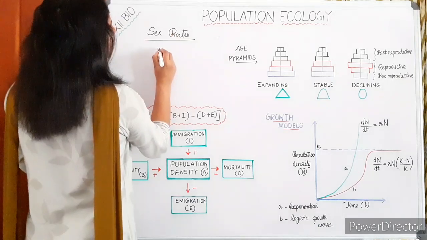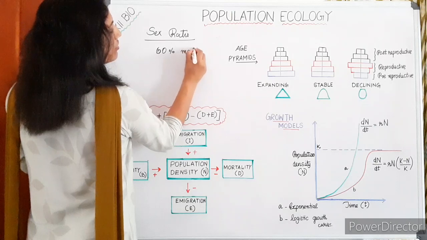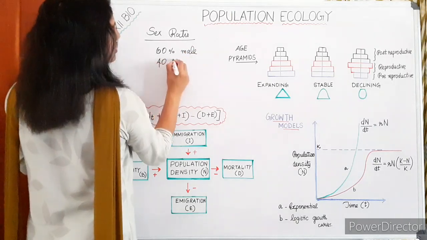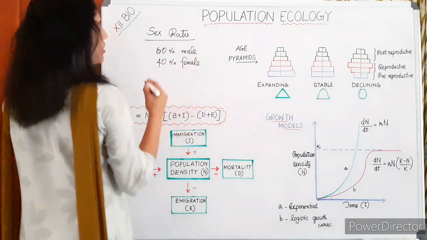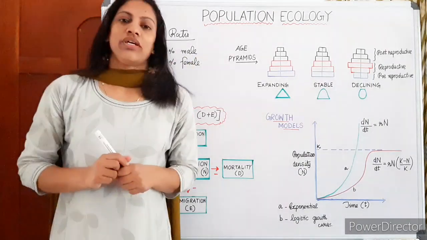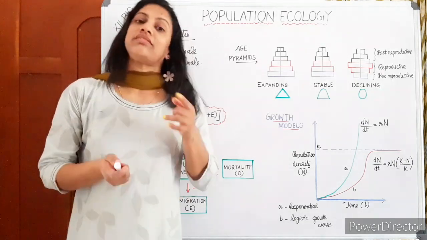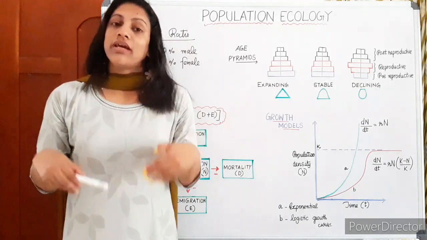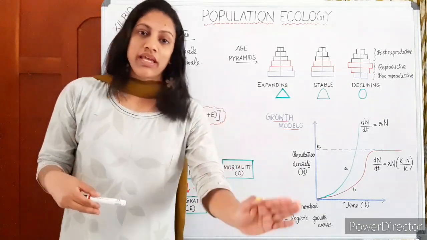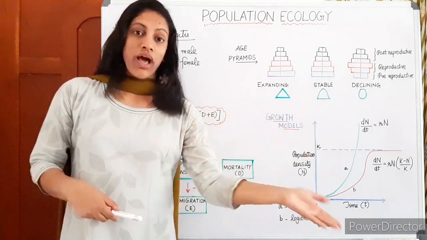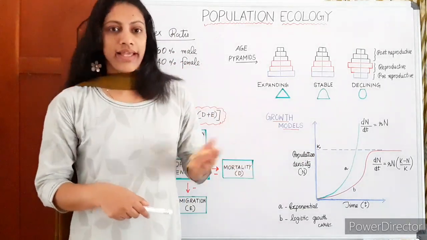For example, if in a population there is 60% male, then 40% female individuals, we can tell this in percentage. So keep in mind, for a population, another important character is sex ratio. This indicates the percentage of male and female individuals in the population with respect to the other, like 40% female, 60% male.